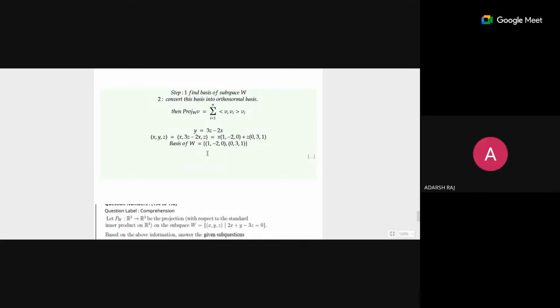So the first step is V1 and V2. Just take the first vector and divide by its norm.